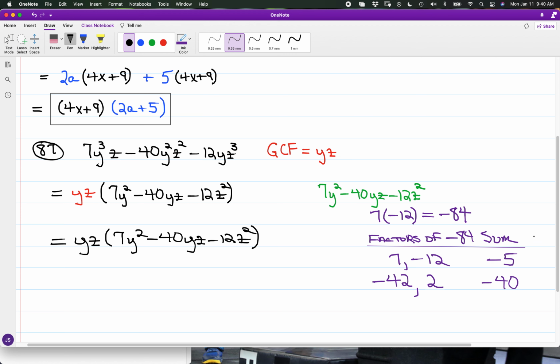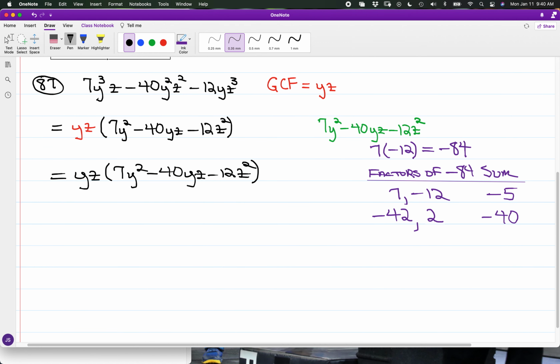And for this particular trinomial factor, the negative 42 and the 2 will split the negative 40 that is situated in the middle.